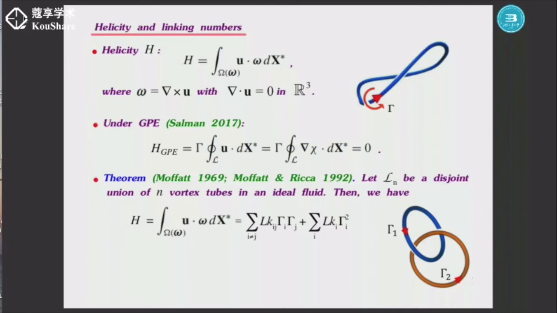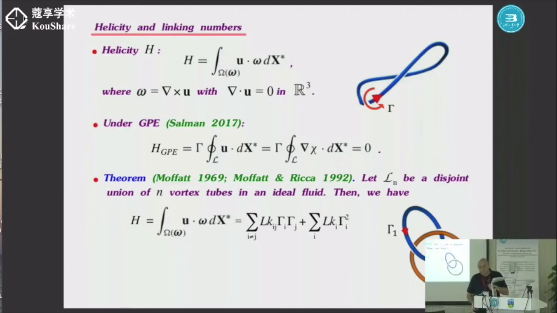You have this formula, which is just the classical relation of the Gauss linking number and the self-linking number, so to speak, to helicity through circulations. Since we consider in the ideal situation conservation of circulations and of course conservation of topology, that provides a proof from that perspective that helicity is conserved.